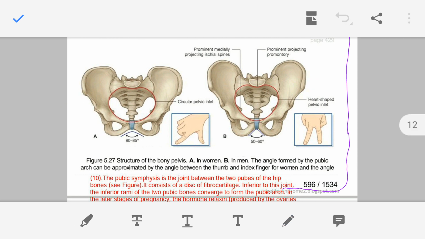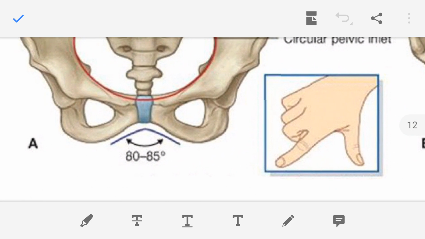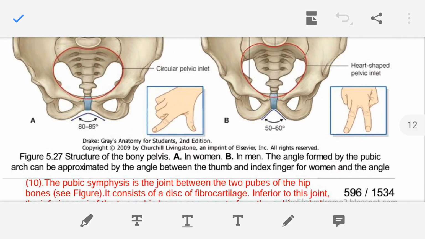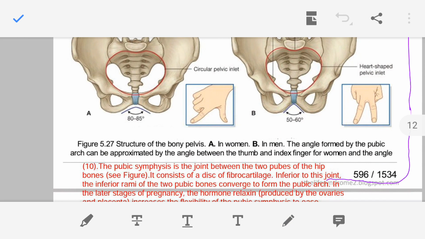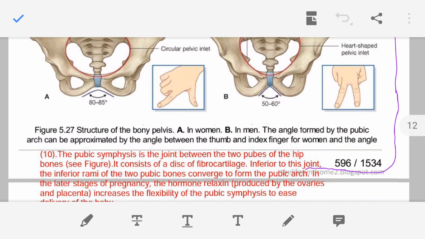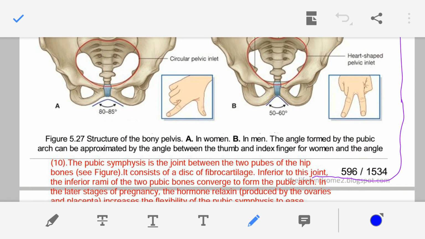I am showing you the pubic arch. This one is the pubic arch, and this one is the pubic arch of the man. Now the measurement of the pubic arch of women and men.